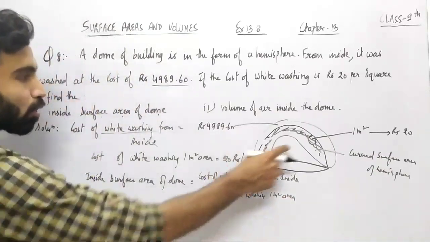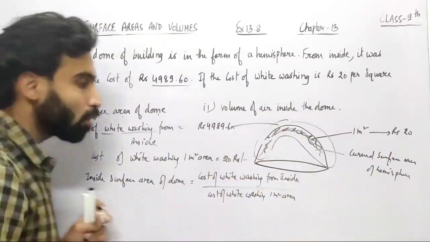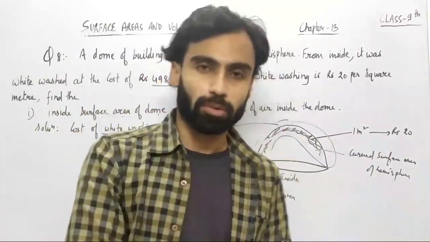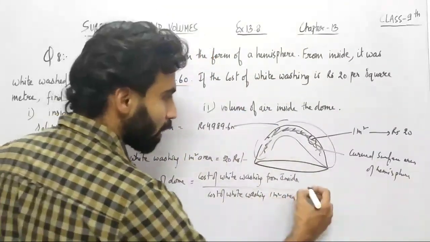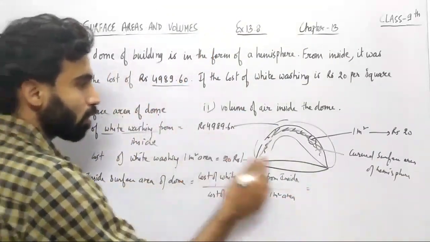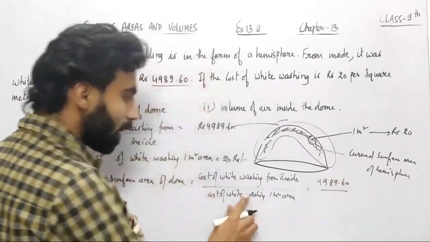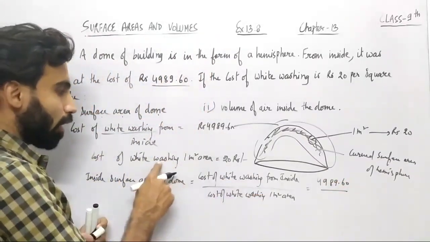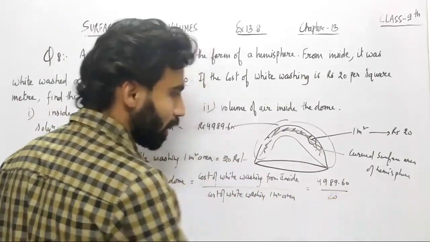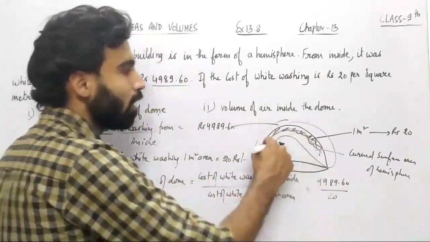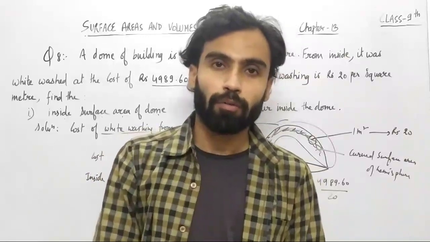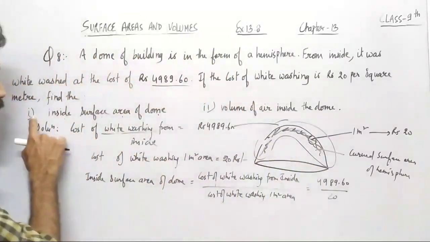So here, total cost I will divide by what? By the cost of whitewashing 1 meter square area, right? So the total cost was 4989.60 divided by 20, which is the cost of whitewashing 1 meter square area. So by dividing, what I get is the inner surface area of this dome, which we have to calculate in the first part, right?